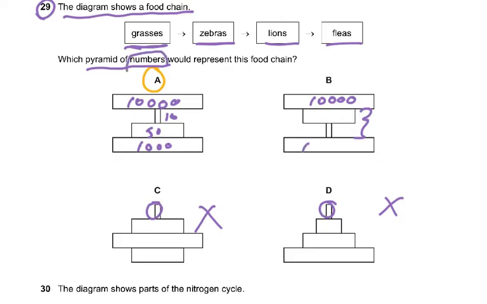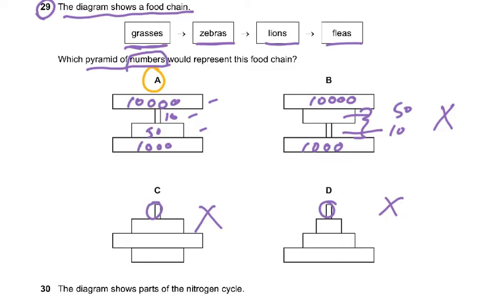So you always put some numbers on it, write some numbers on it, pyramid of numbers. So if I say this is 1,000, this is 50, this is 10, and then 100,000 fleas on it.